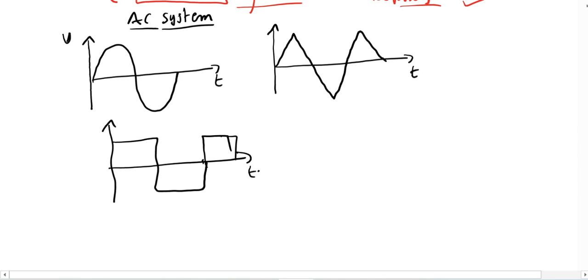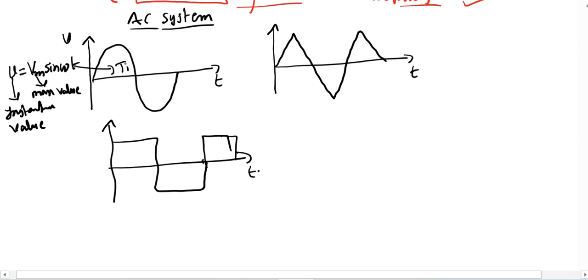If you talk about the sinusoidal waveform, mathematically it can be written as v = Vm sin omega t, where v is called the instantaneous value, Vm is called the maximum or peak value, t is the time, and omega is called the angular velocity of the coil.